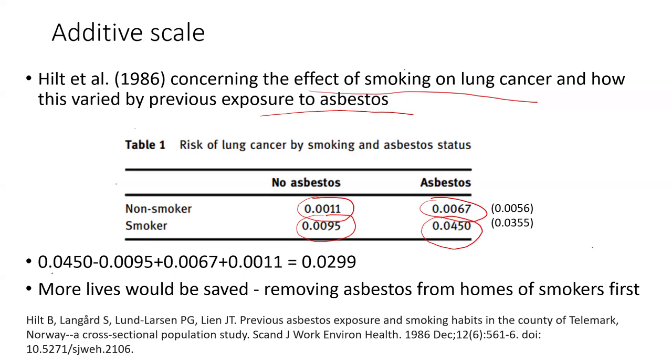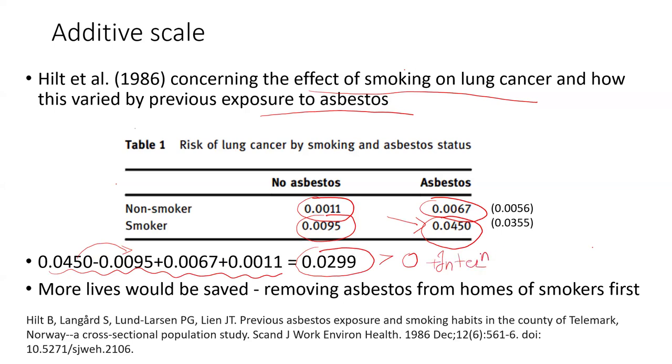So when you want to find the difference and assess for additive interaction, you subtract the sum of all these other risks from this value here, and your difference is more than 0. So it is a supra-additive interaction, right? You are with me?